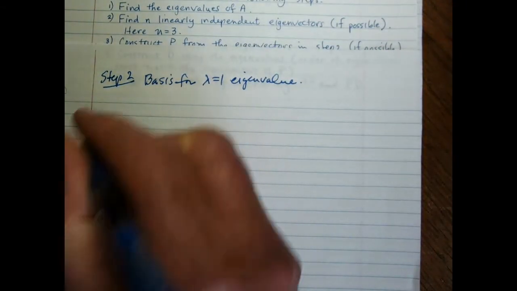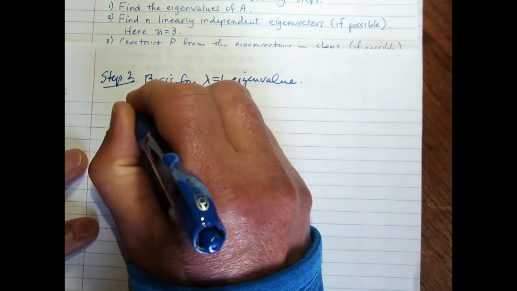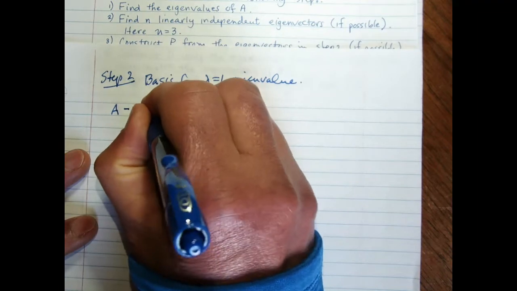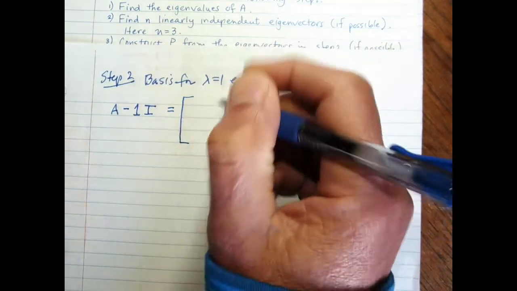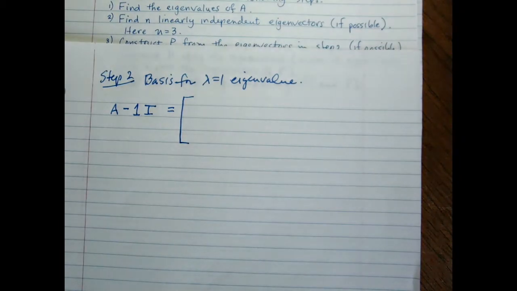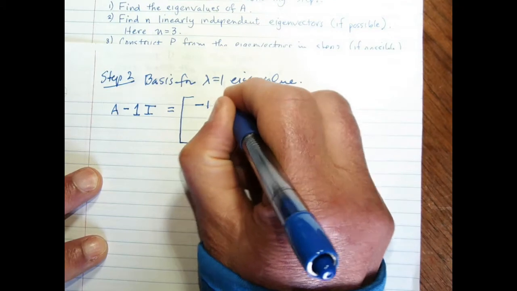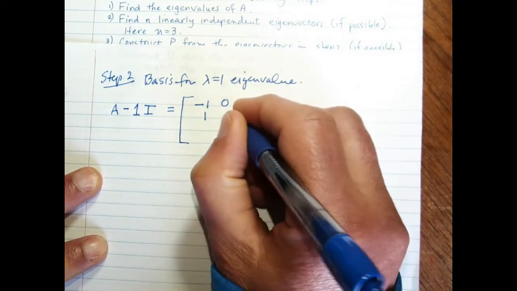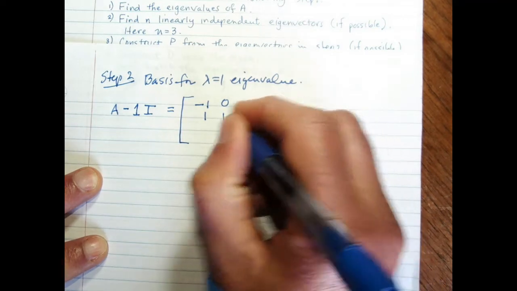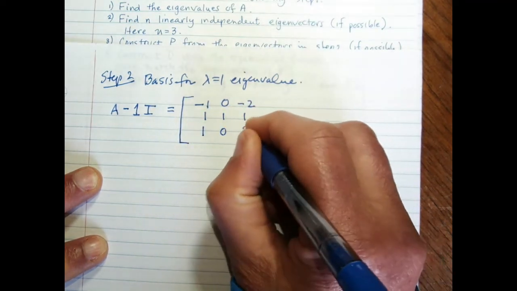So I have to actually look at A minus 1I. I'm going to plug in 1 in the place of lambda, and I get negative 1, 0, negative 2, 1, 1, 1, 1, 0, 3 minus 1 is 2.